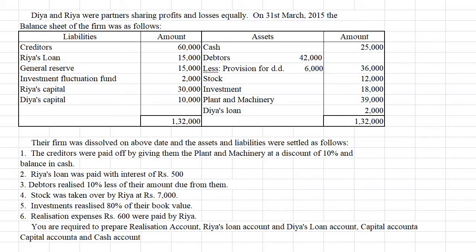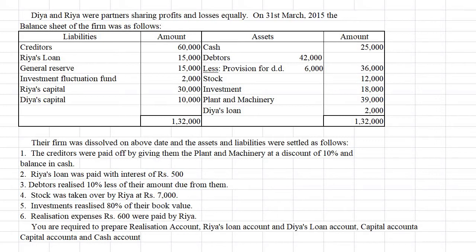On the above date, that is 31st March 2015, the firm was dissolved and the liabilities and assets realized as given here. The creditors were paid off by giving them plant and machinery at a discount of 10%. Plant and machinery we have 39,000, paid at a discount of 10%.